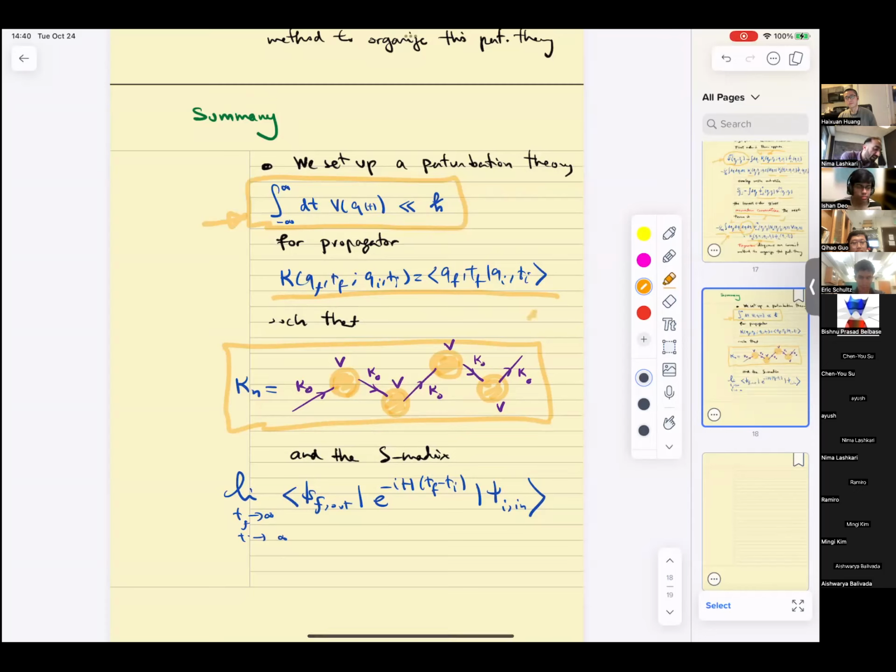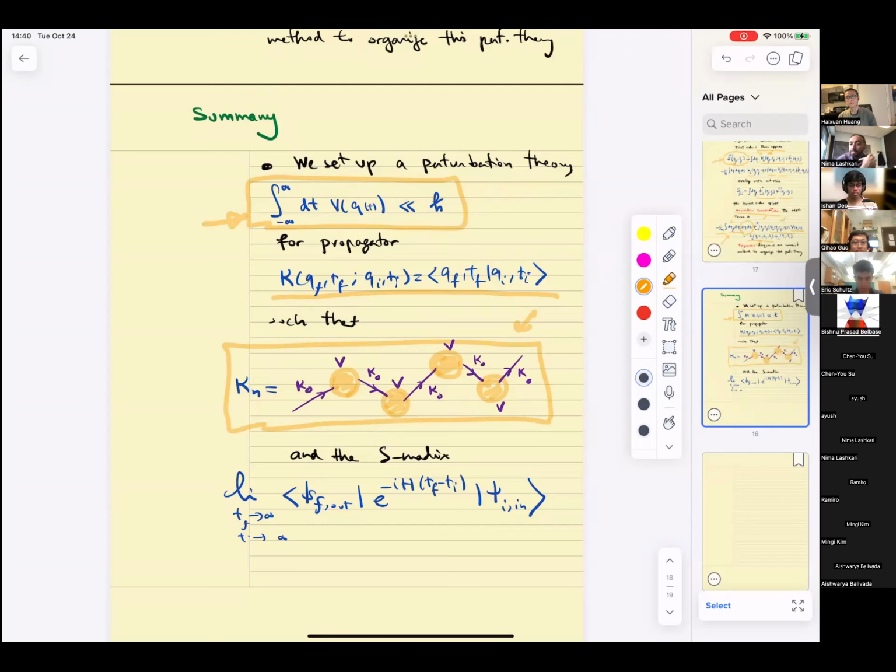But part of the exercise is to be able to get to a point where you stare at one of these diagrams and you can write down the integral. These diagrams are representing particular integrals, the same as Feynman diagrams. Feynman diagrams are going to be a short form notation for some integrals, right?